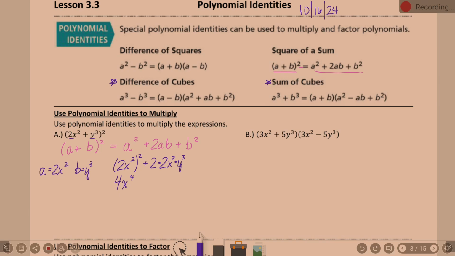What is 2 times 2x squared times y cubed? 4x squared y cubed, plus b squared. So you're doing y cubed, quantity squared. What is y cubed when you square it? y to the power 6. y to the 6th.